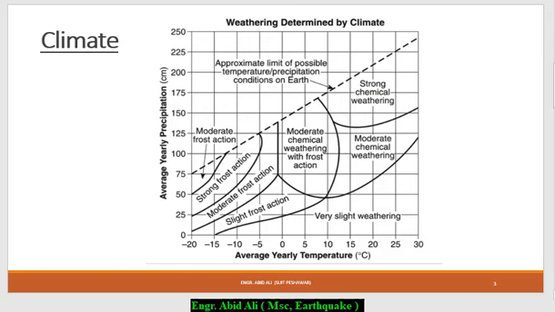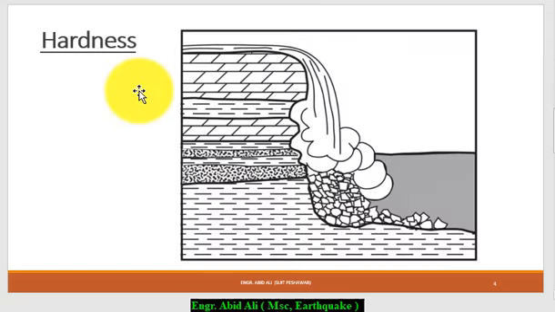In addition to climate, we also look at the hardness. Of course we know that all rocks are different, all minerals are different. Some are very hard, some are very soft, and that's going to have an impact on how quickly they are going to weather.